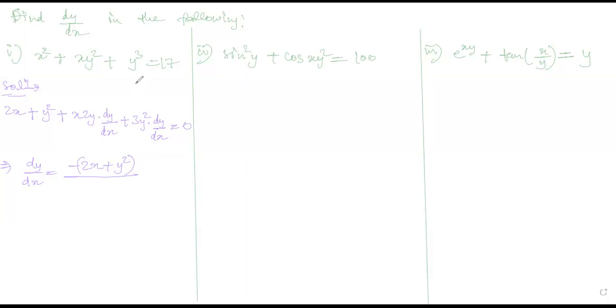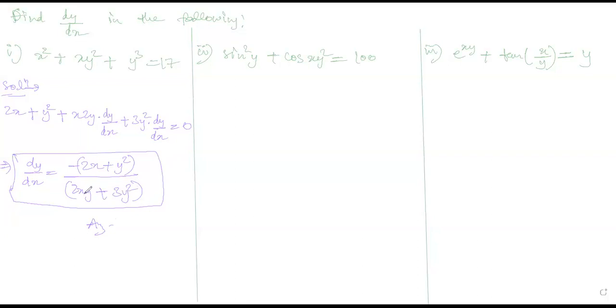Actually, you can write it like this. This should be the final answer.